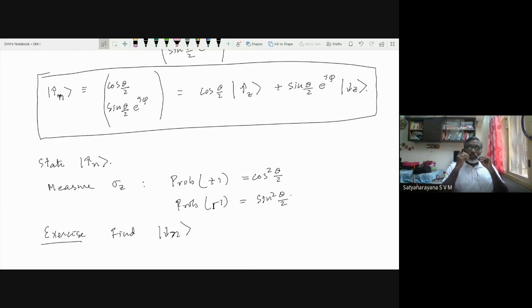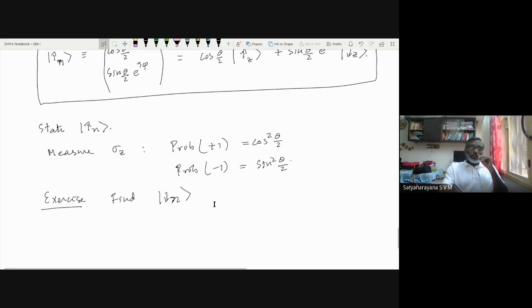When can that be orthogonal? So by inspection, requiring this down n up n has to be equal to 0, they have to be orthogonal vectors.